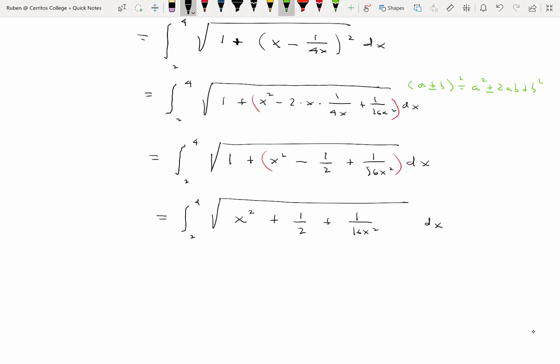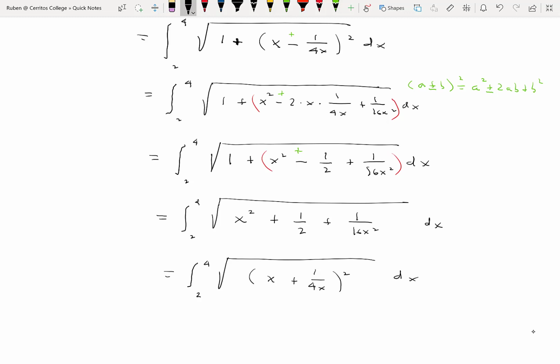I'm going to do that in green. If I put plus 1/2, now look underneath the integral sign with the parentheses. If I put a plus there, that means I'd have a plus above. And here's the trick: that means I'd have a plus in the original parentheses before I expanded that binomial. So if you haven't caught on yet, that whole expression underneath the radical sign simplifies into (x plus 1 over 4x) squared.